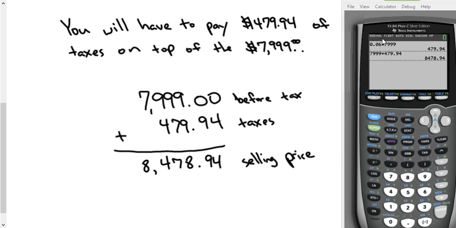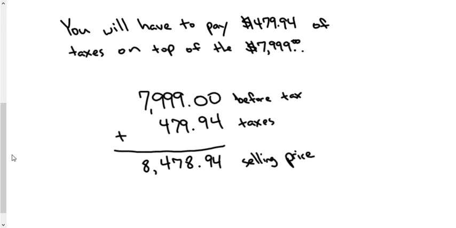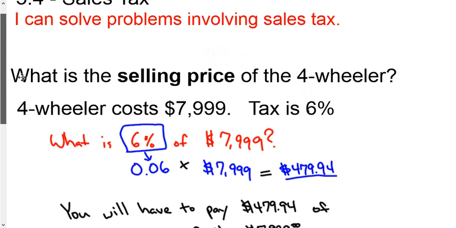Just figure out how much you're going to have to pay in taxes and then add that amount on to the original price. So again, let's take a look at the steps. If you have a total amount that is going to be taxed, and we know the tax rate, in this case the percent, we just literally take that percent and flip it to a decimal and then multiply it by that pre-tax price.